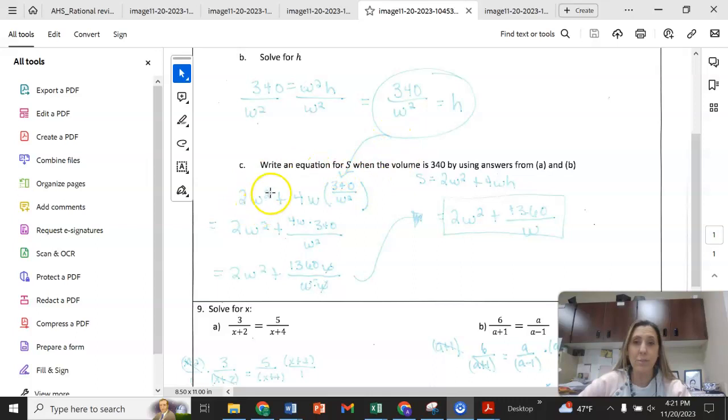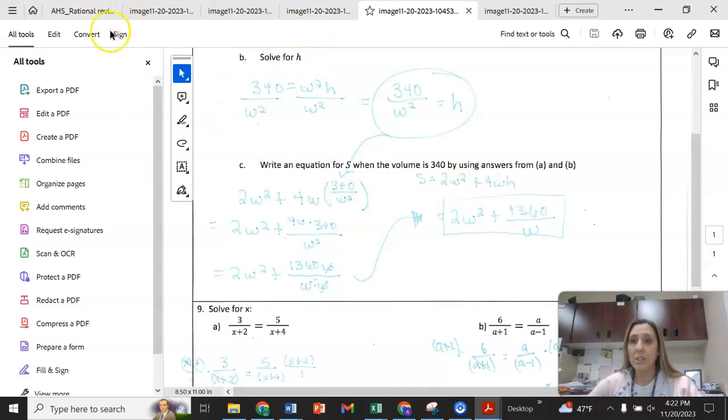S equals 2W squared plus 4WH, and I can replace the H with what I found. Then I end up with 2W squared plus 4W times 340 over W squared, which gives me that 1360W. Well, W squared is really just W times W, and since this is all being multiplied, I can simplify it, and my final answer is 2W squared plus 1360 over W.